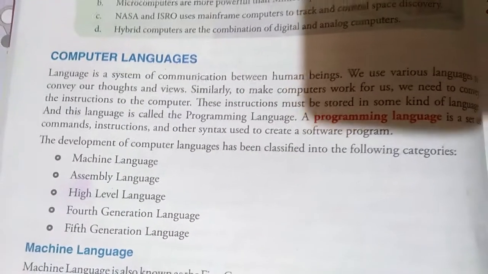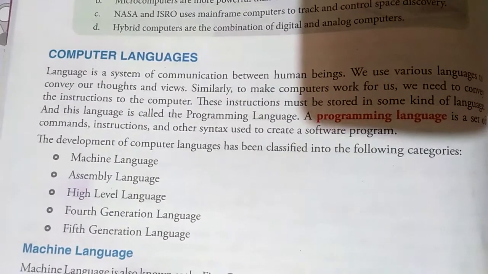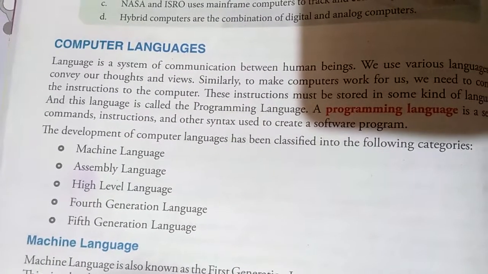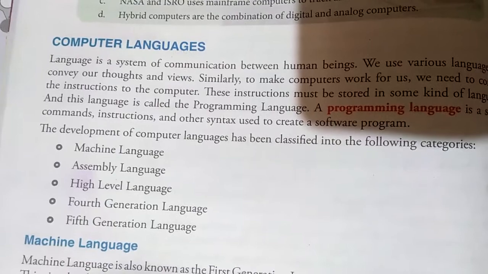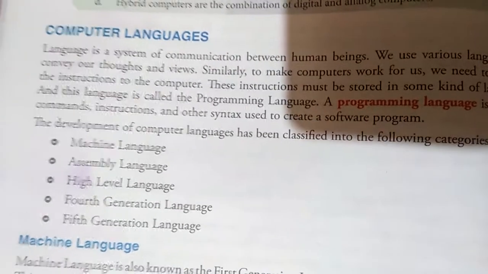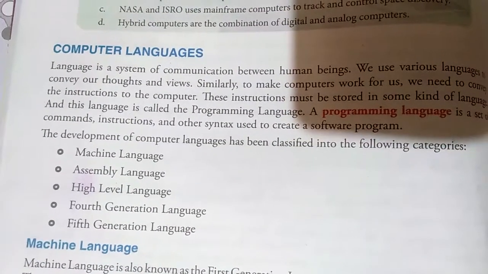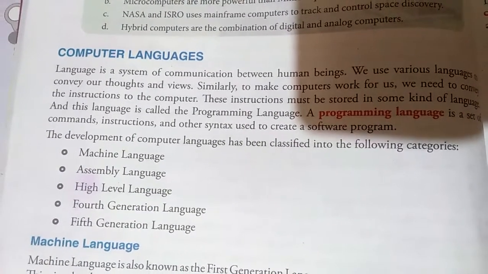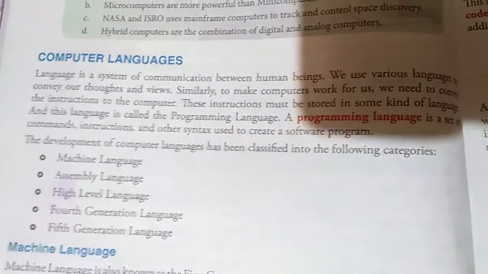For the computer to work for us, we need to convey instructions to the computer. These instructions must be stored in some kind of language, and this language is called a programming language. It means different types of languages through which we can make the computer understand what it has to do, right?